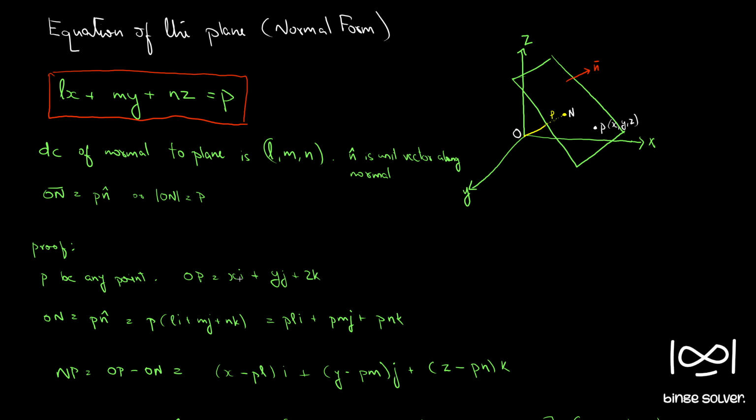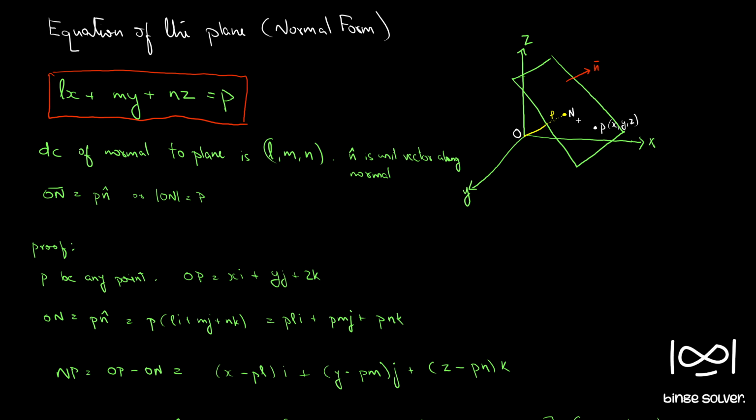We have OP = xi + yj + zk, and ON is Pn, which is nothing but P into (Li + Mj + Nk). Since the direction cosines of the normal are L, M, N, a unit vector along that direction will be Li + Mj + Nk. So P into (Li + Mj + Nk) will give the ON vector, otherwise PLi + PMj + PNk.